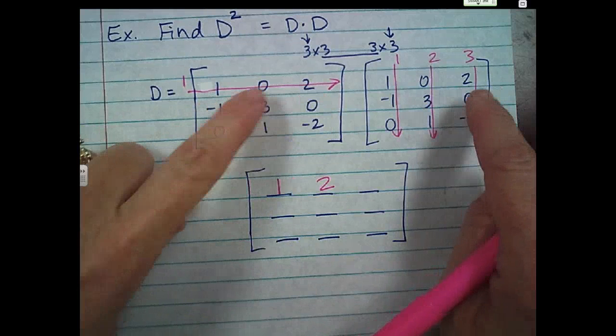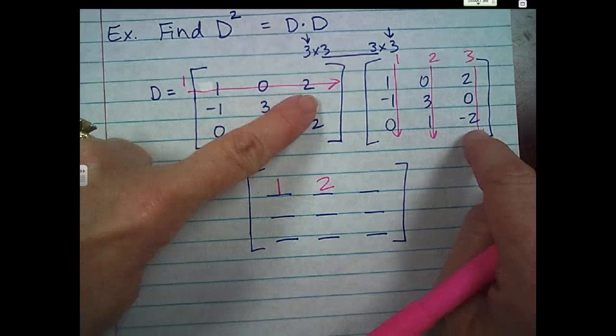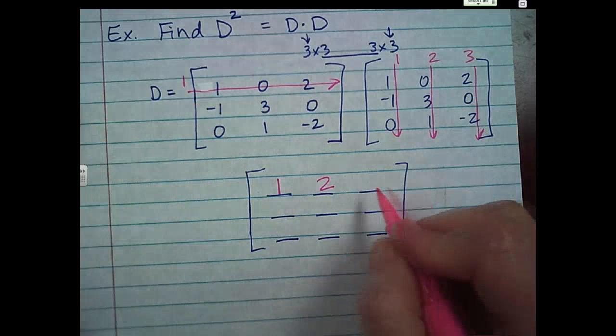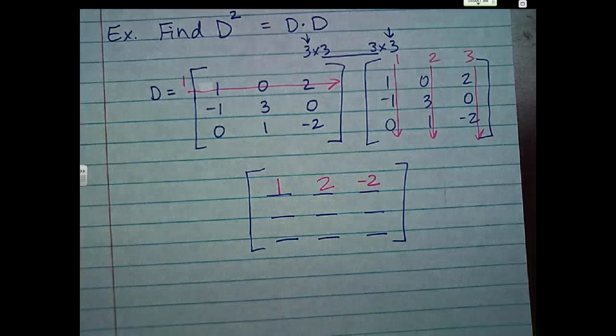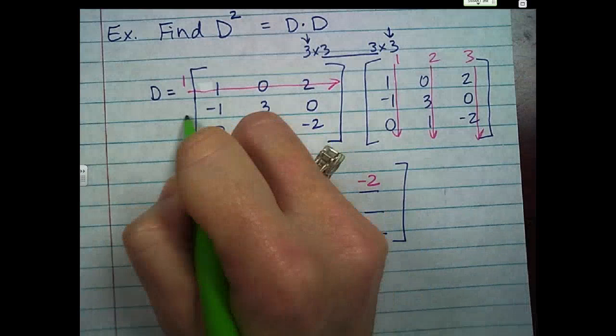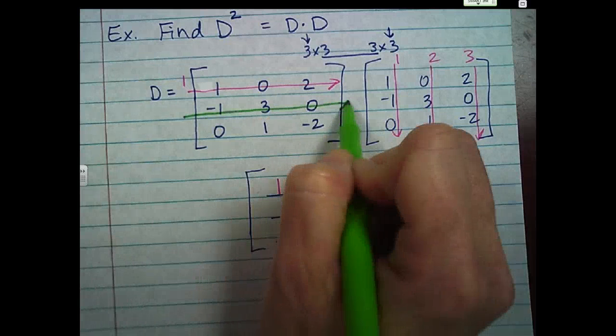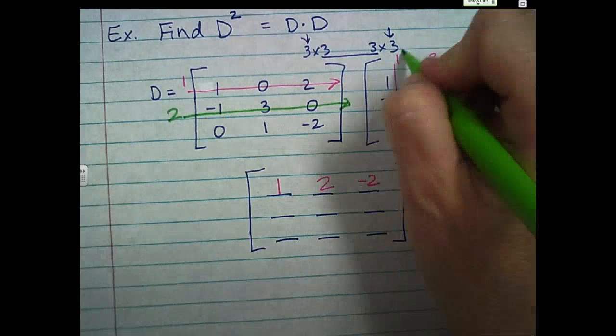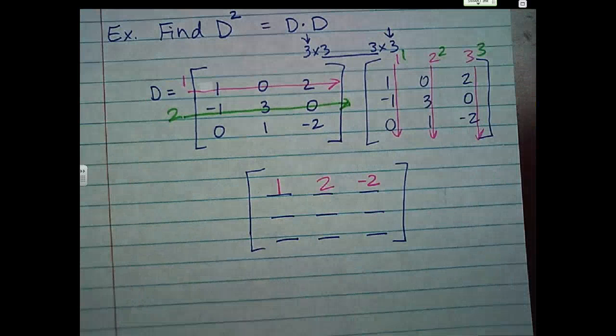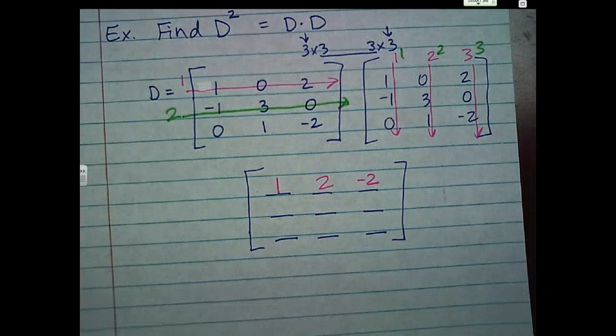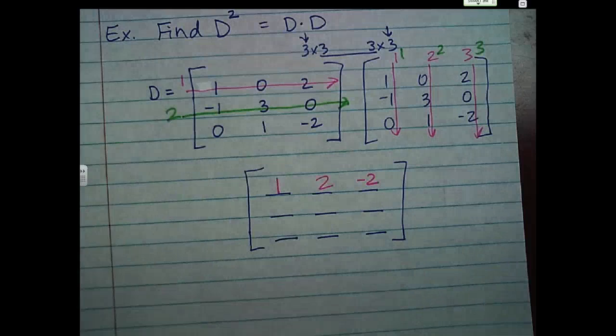Need it again. 2, 0, and negative 4. What's it going to give you? Negative 2. Okay, then you go to the next row. I'll give you a second to fill it in. See how you're doing.